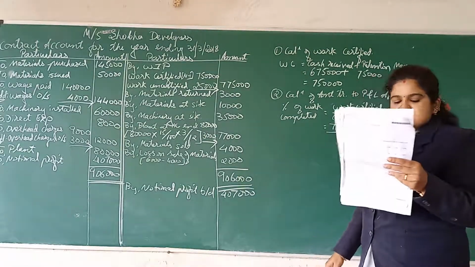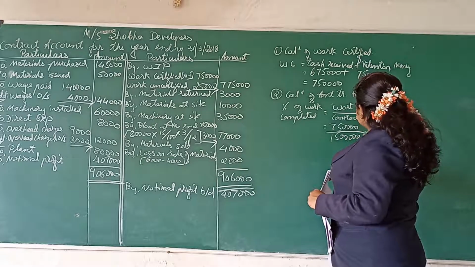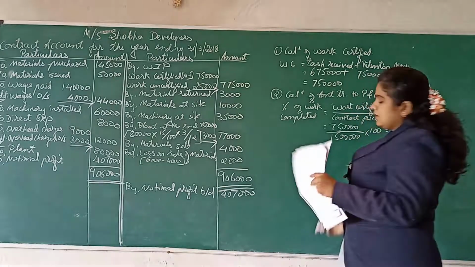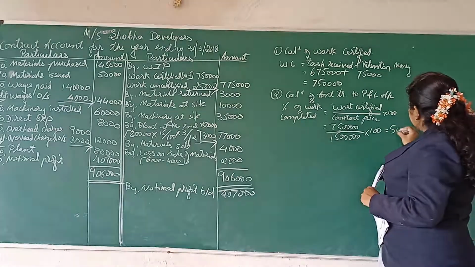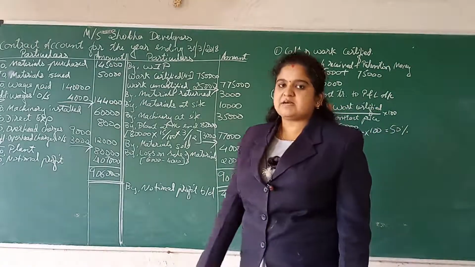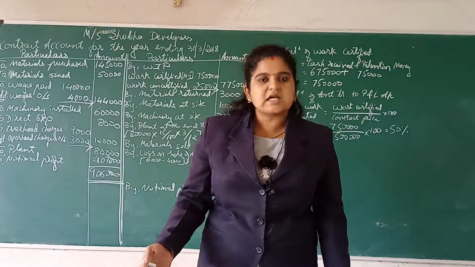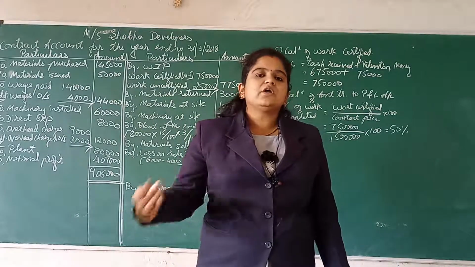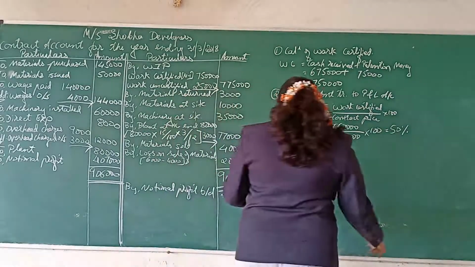Contract price is 15 lakhs divided by 15 lakhs into 100. Now the percentage of work completed is 50%. So when 50% of the work is completed, then the amount transferred to profit and loss account will be 2/3 of the notional profit. So write down the formula.